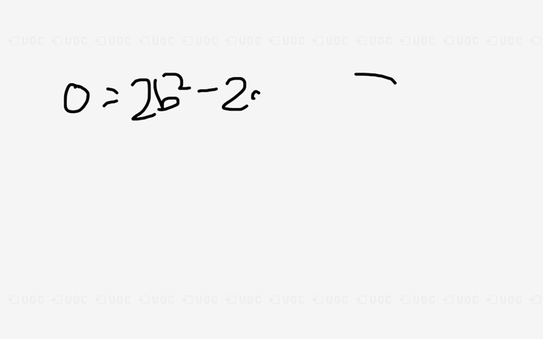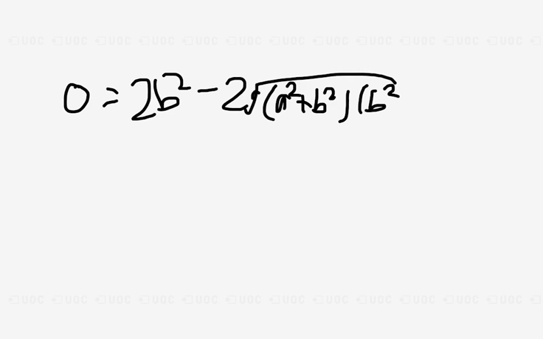So we have 0 equals 2B squared minus 2 square root of A squared plus B squared plus C squared cos theta.